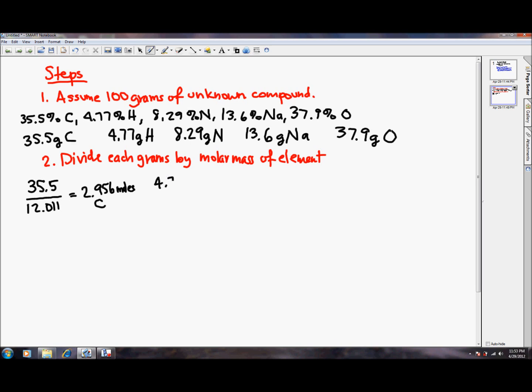And what we've done now is we're converting to moles. Okay, now I'm going to do 4.77. This is hydrogen, so I'm dividing by 1.0079 because that's the molar mass of hydrogen. Okay, and that's 4.733 moles of H. Okay, I'm going to take 8.29, that's nitrogen. Divide that by 14.007, that's the molar mass of nitrogen.